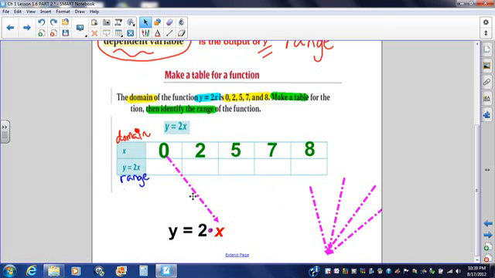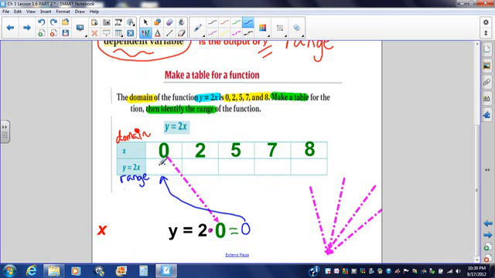So I'm going to take out the letter X, and I'm going to put in 0. 2 times 0 gives me 0. Change colors. Now I'm going to take this blue 0, and I'm going to put it in this box right here.